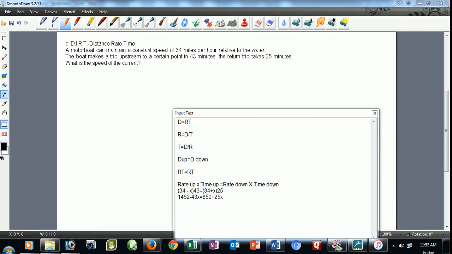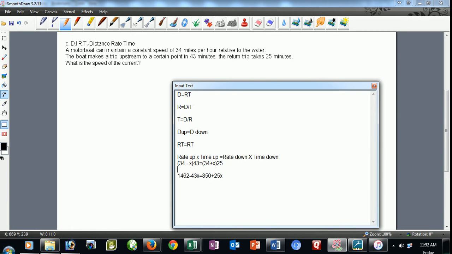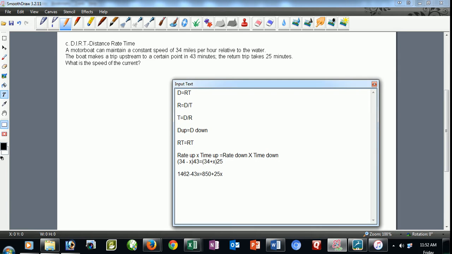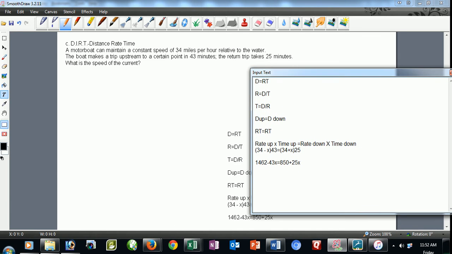Now, ask yourself, what kind of equation do we have? A linear equation. So what do we do? Letters left, numbers right. That tells me I'm going to have minus 43x minus 25x. Why is the 25 negative?